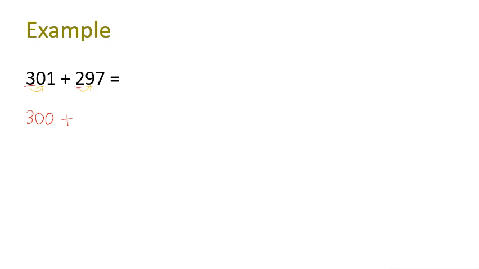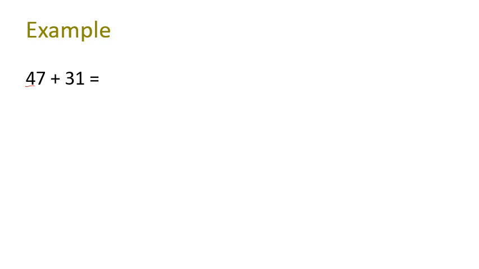So it's 5 or more, so I need to round this up. So this also will round to 300. So 300 plus 300 equals 600. And you'll see that that's actually pretty much the same as my actual answer, which is 598.